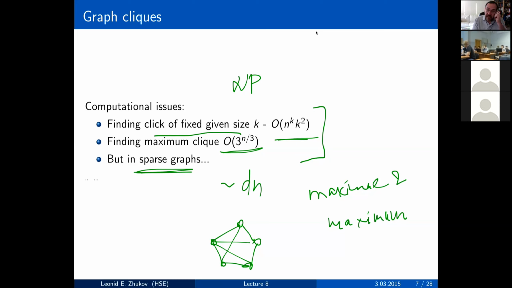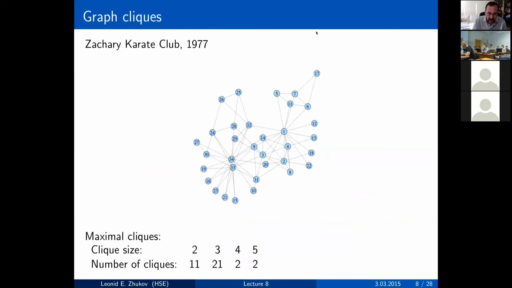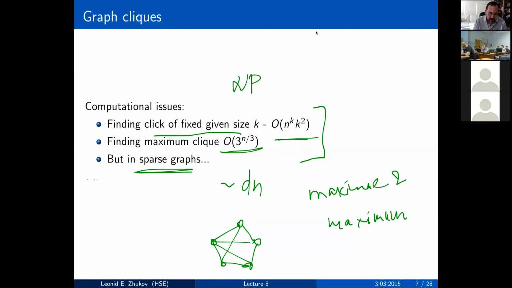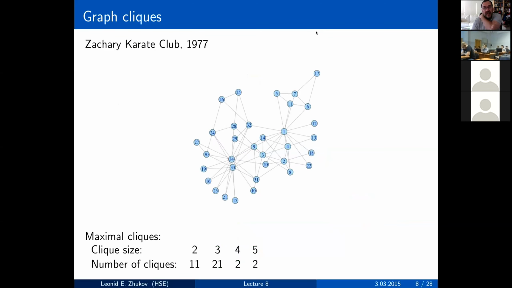So the definition of clique should be relaxed, and we should allow some missing edges. And in fact, there is such a definition. But first, let's find cliques, and then we'll talk about the relaxed version of the definition.